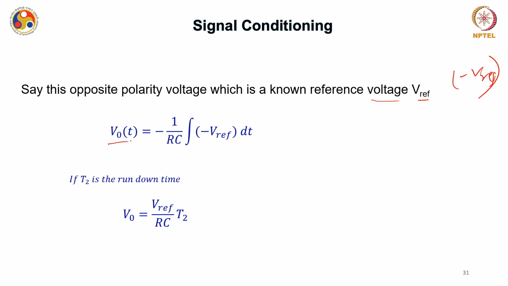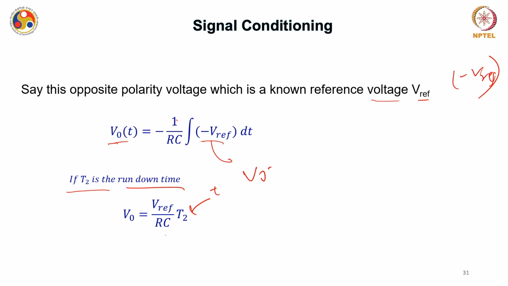Now, V naught of t at this point will be equal to minus 1 by RC times the integral of V in dt, where V in here is minus V reference. If T2 is the rundown time, then V naught can be written as V reference by RC into T, and T can be replaced with T2.